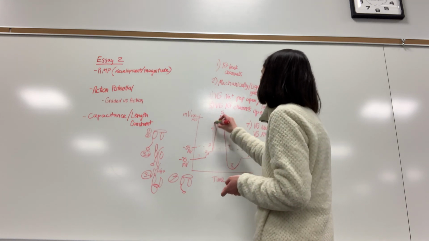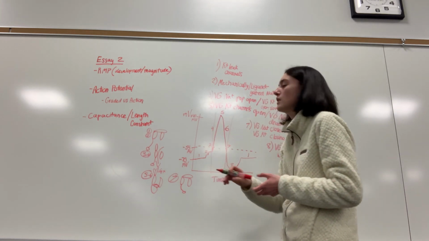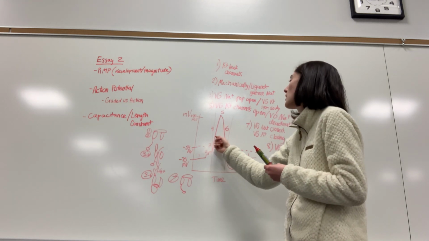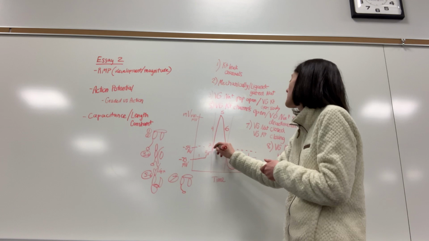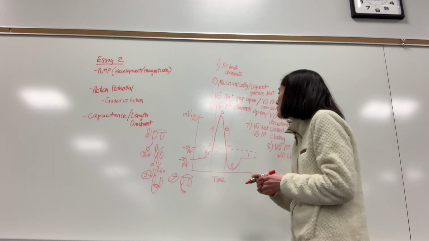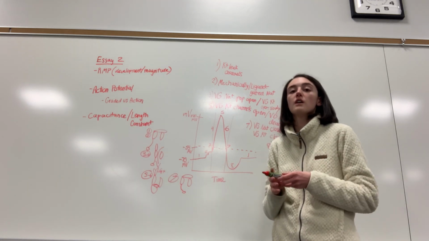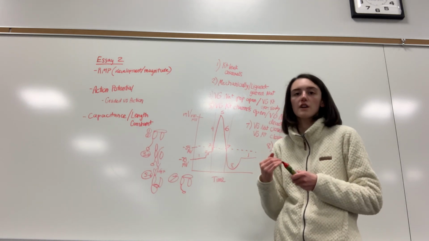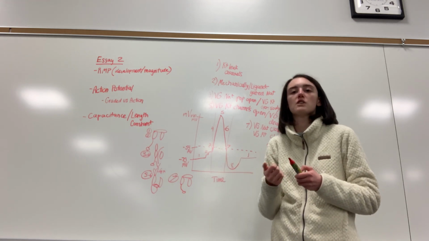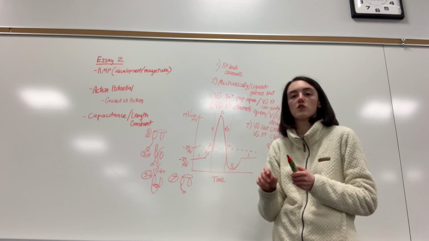The absolute refractory period is represented in the area where the cell is past its threshold, regardless if it's positive or not. But it is past the threshold, and in an absolute refractory period, by all means, the cell cannot stimulate another action potential, regardless of the strength of any stimulus.